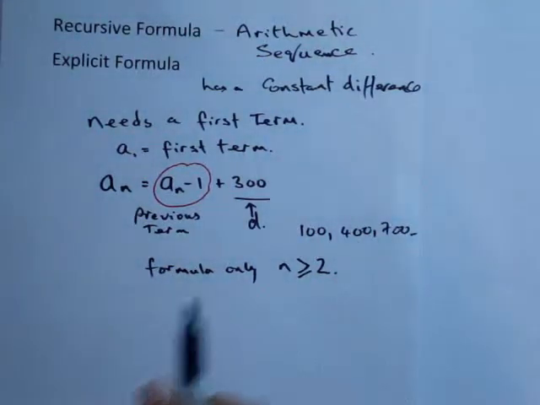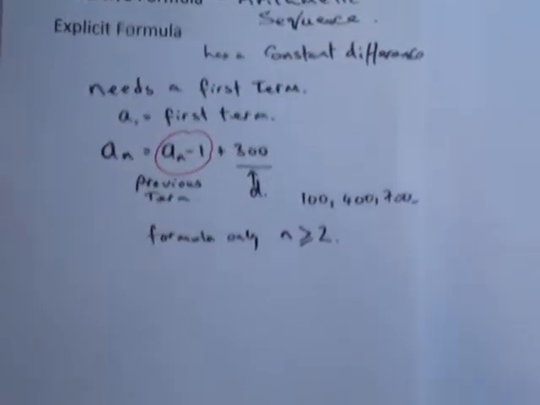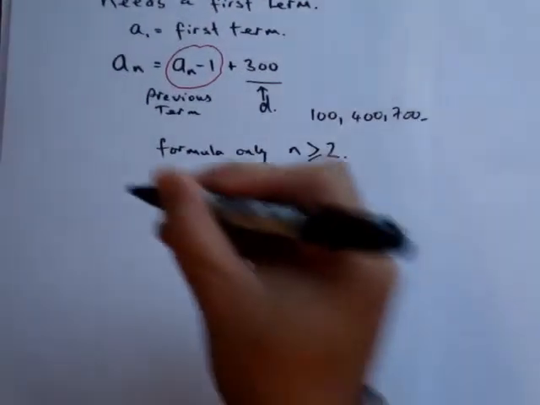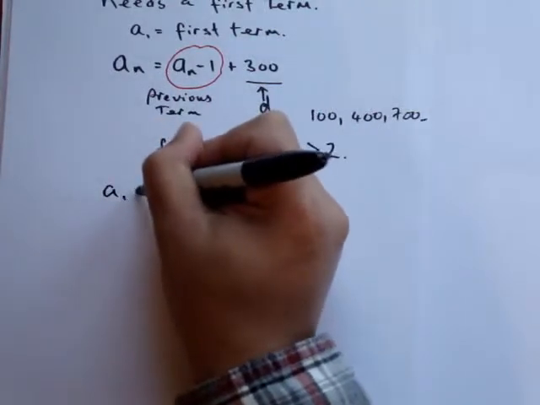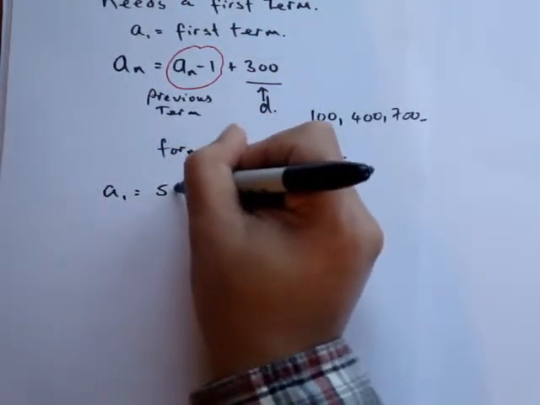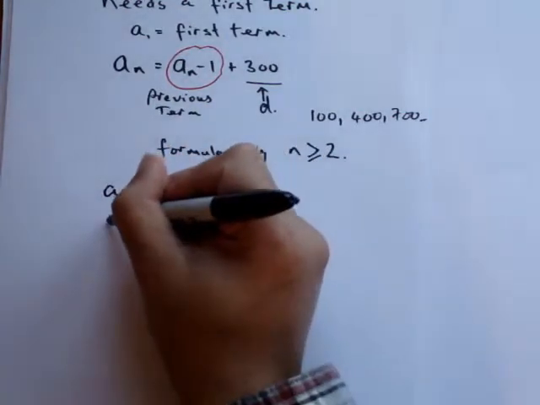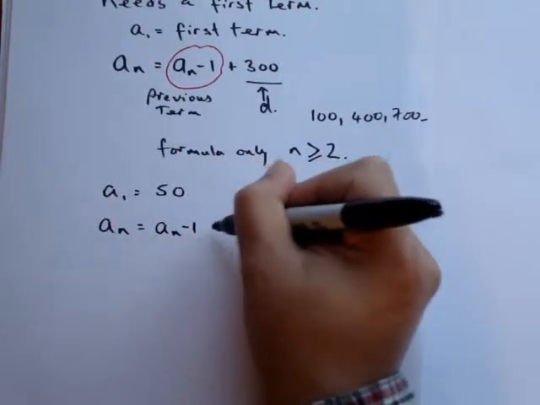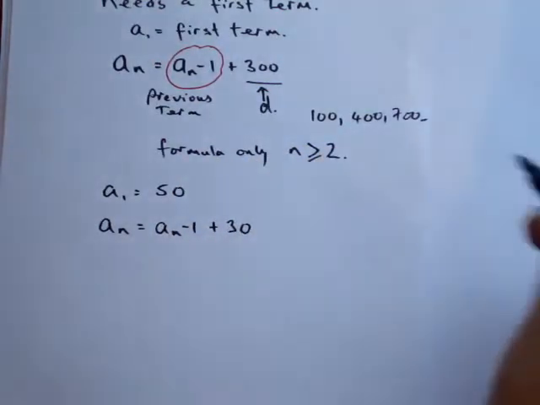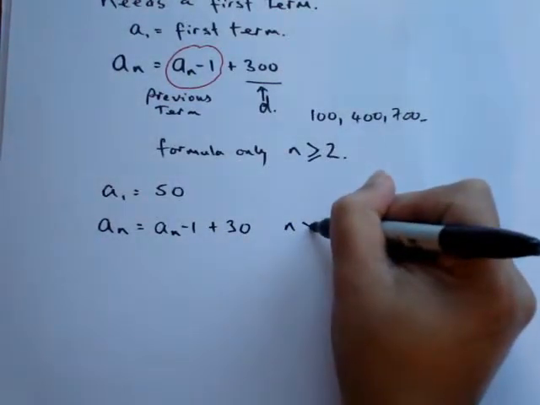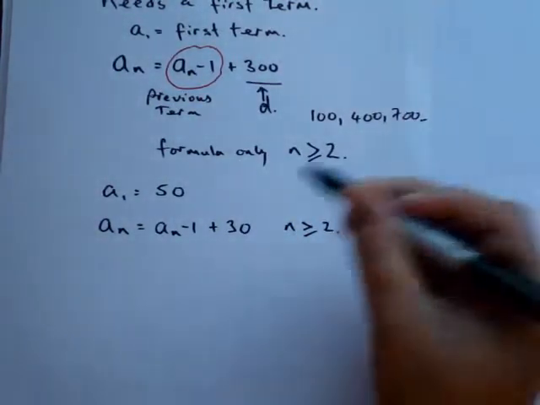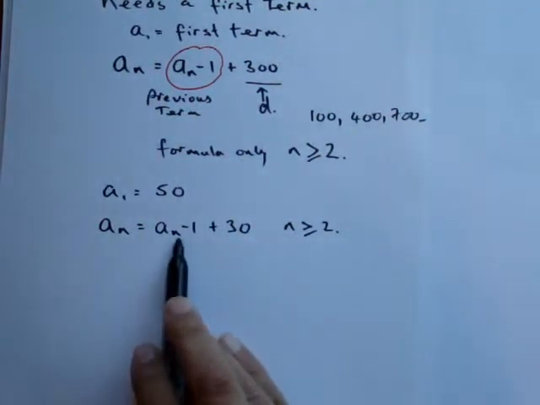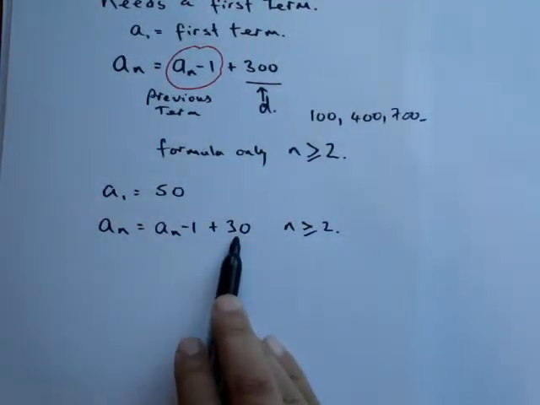You need to add the constant difference each time. So for example, if we had A1 equals 50, and then our recursive formula was an equals an minus 1 plus 30, n greater or equal to 2. So each term is the previous term, and we add the constant difference of 30.